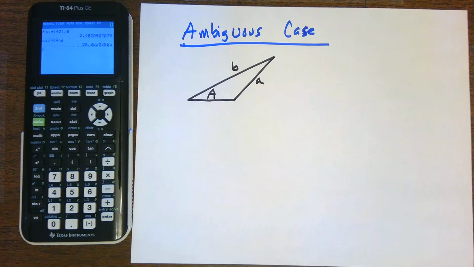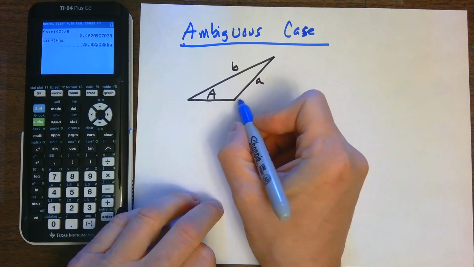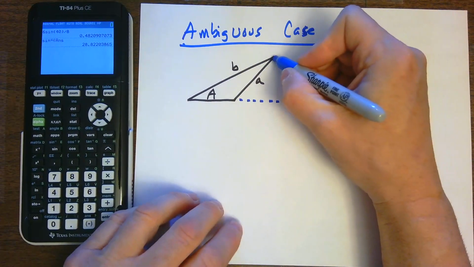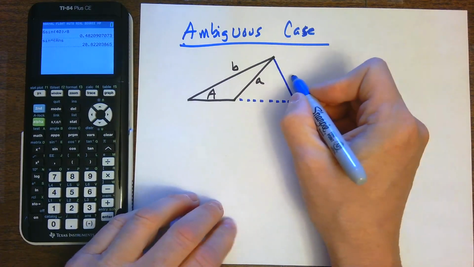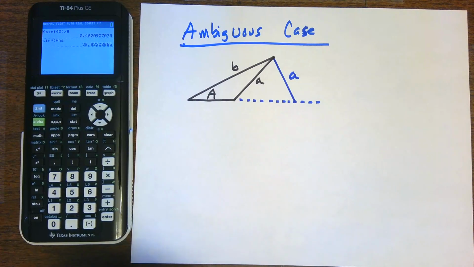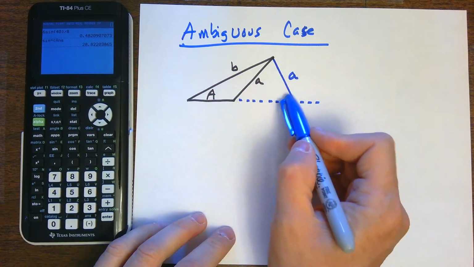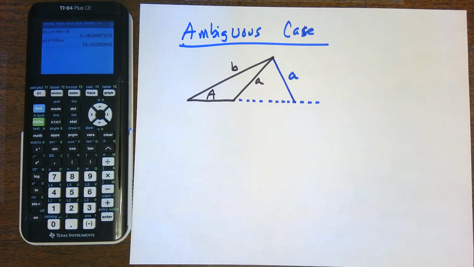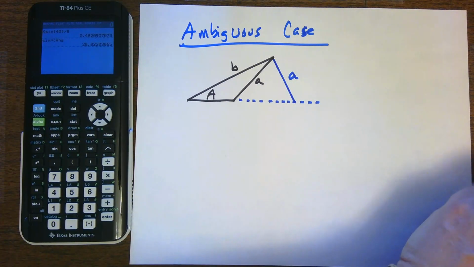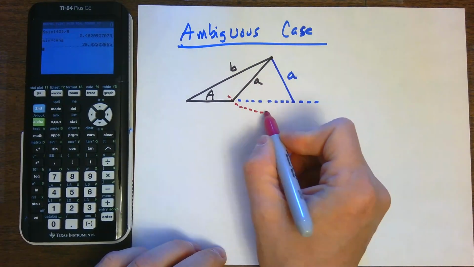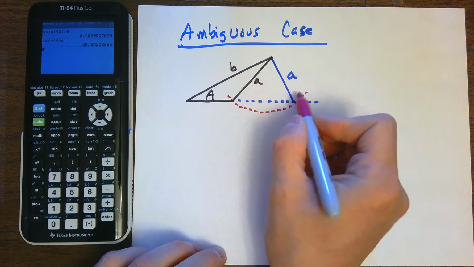But notice what can happen here. If I think about this little side A, if I extend this side, I could have little side A over here. And then I get an obtuse triangle with these measures, and I get an acute triangle with the same measures. Basically, I'm taking this side length A and swinging it over there.